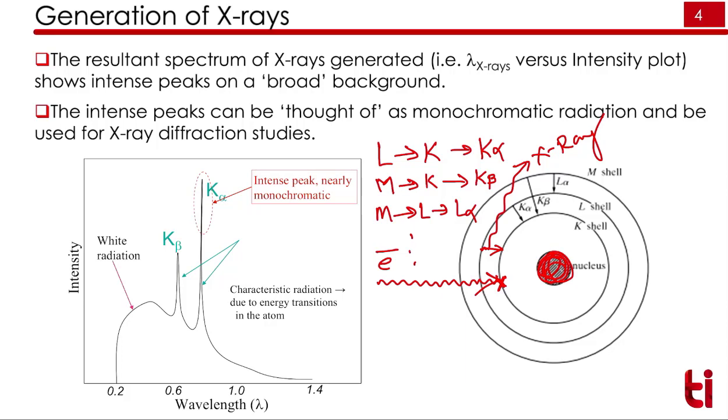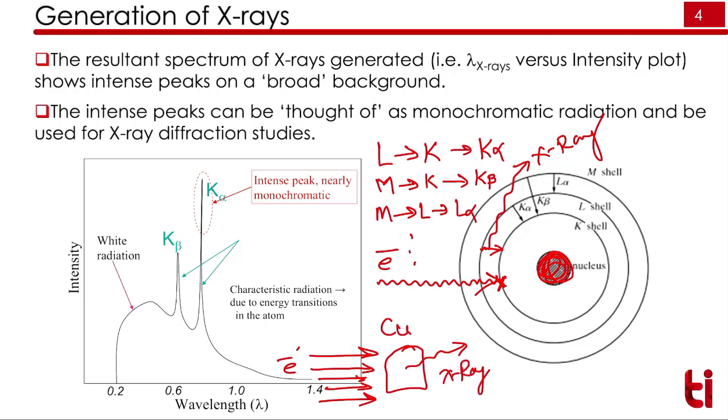Now, suppose we have a target, for example a copper metal. We are bombarding electrons on the target, and due to these electrons there is a generation of X-rays.